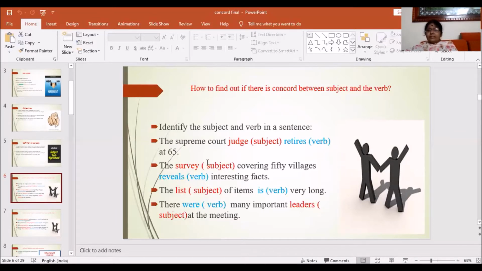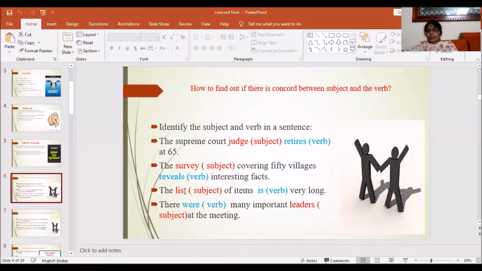Secondly, the survey covering 50 villages reveals interesting facts. Generally, students think that 50 villages is the subject. But what are we talking about? We are talking about the survey, right? So survey is our subject, and reveals is our verb.